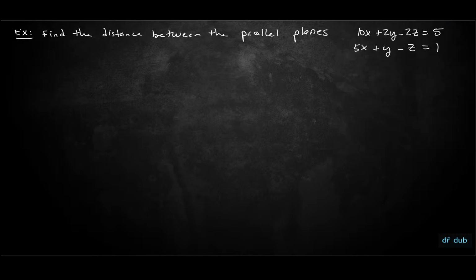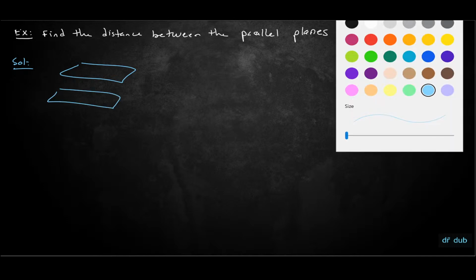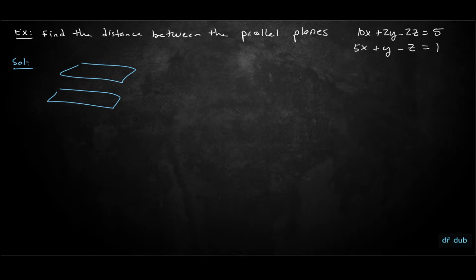How do we find the distance between them? So solution. We've got two parallel planes here. I need to find the distance between them. So what I'm going to do is pick an arbitrary point in either plane. I'll take the second plane.